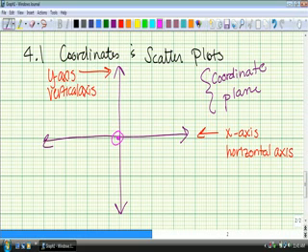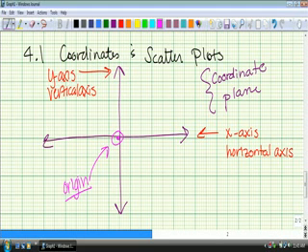The zero axis. Starts with an O. O-R. Origin. Okay, where the Y-axis and X-axis intersect is the origin.